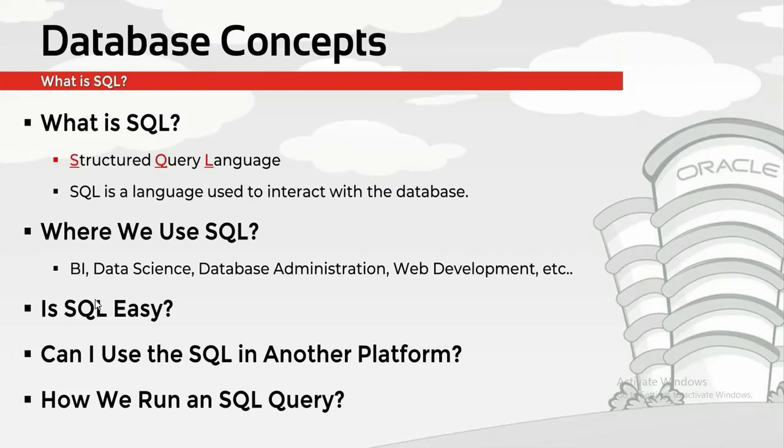SQL is a language used to interact with the database to retrieve, manipulate and load the data in a data warehouse. Where do we use SQL? In BI, business intelligence, data science, database administration, web development, etc. In all these fields we use SQL programming.